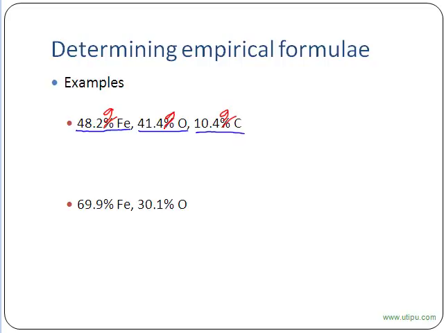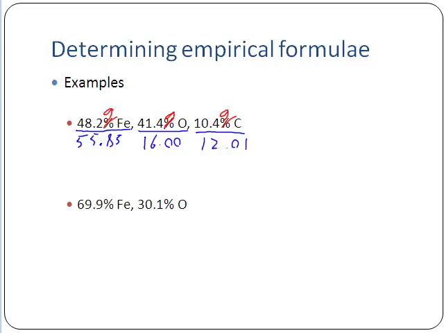Let's look up what the atomic masses are. The atomic mass of iron is 55.85. The atomic mass of oxygen is 16.00. The atomic mass of carbon is 12.01. So let's divide all of these.